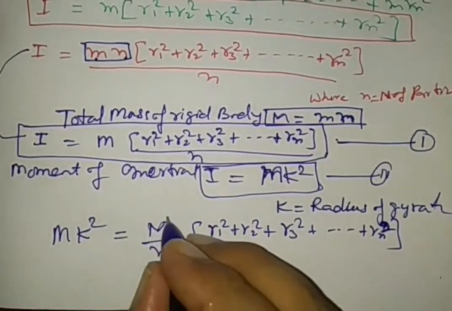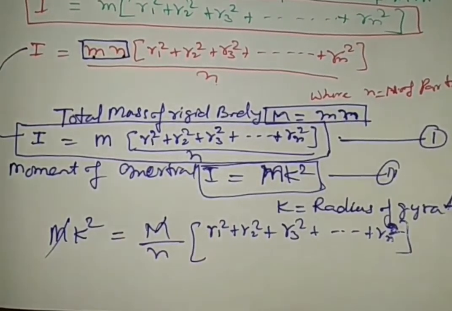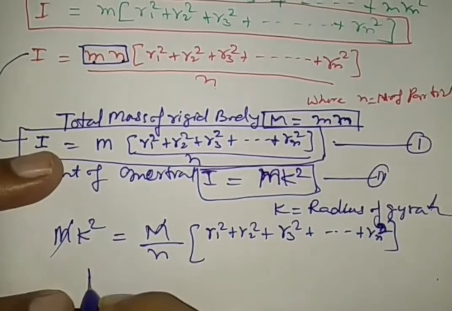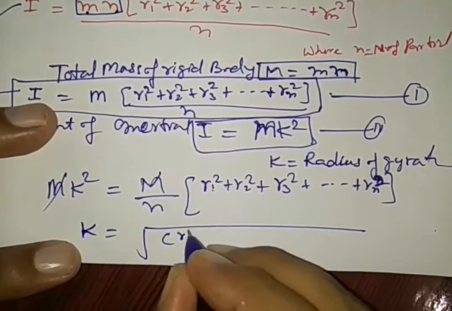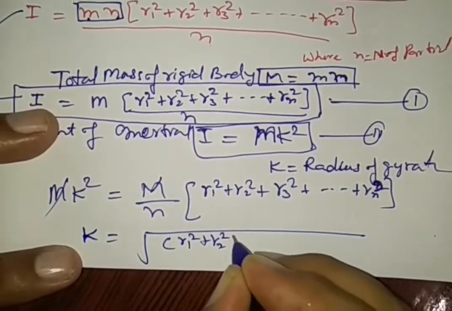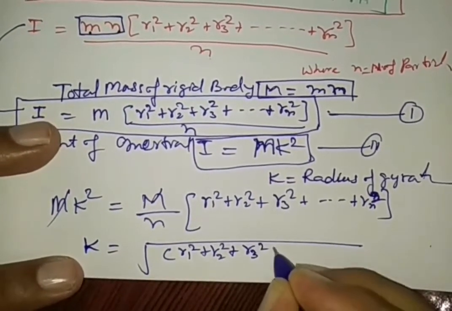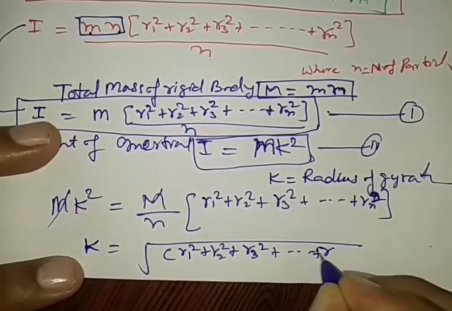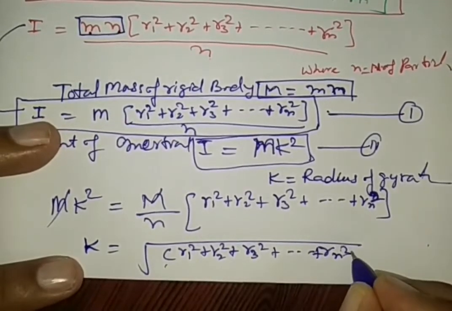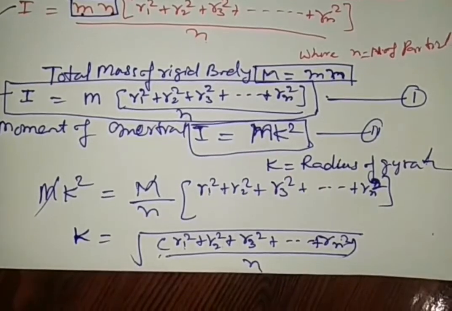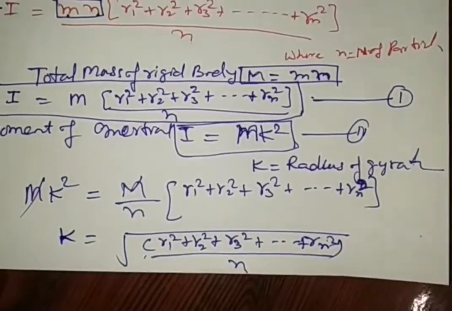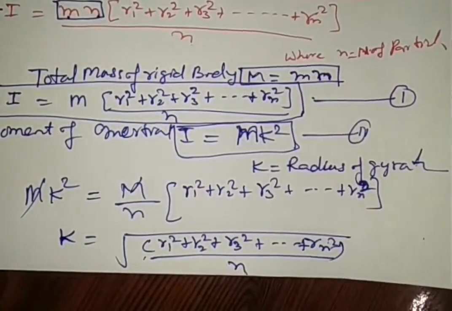M is cancelled, where k is equal to under root of r1 square plus r2 square plus r3 square and so on plus rn square, by n, and it is called root mean square distance.